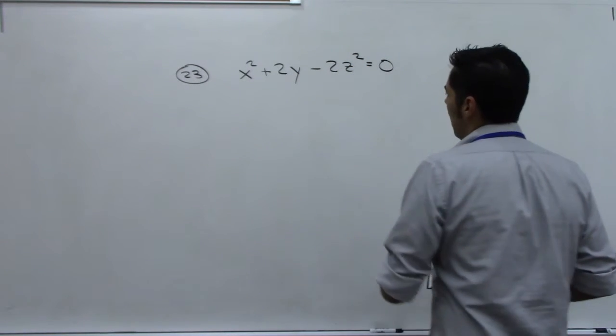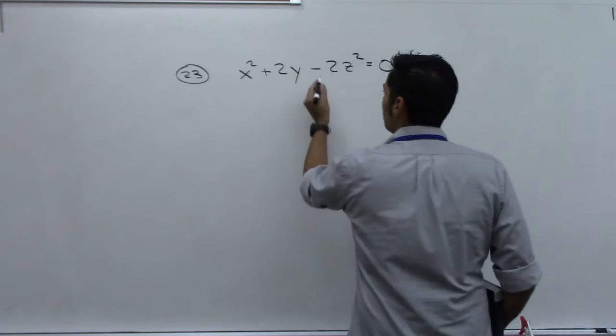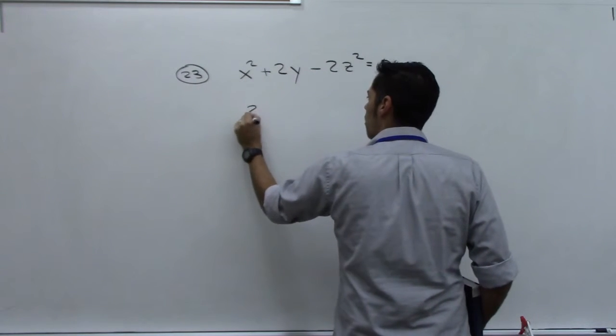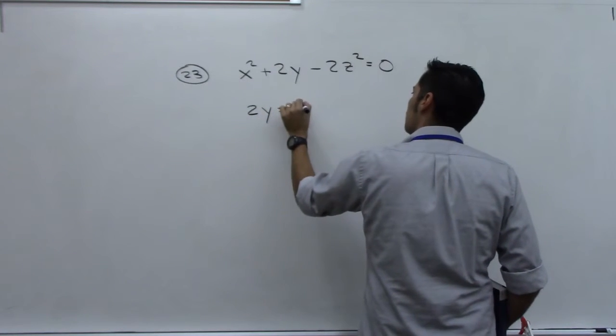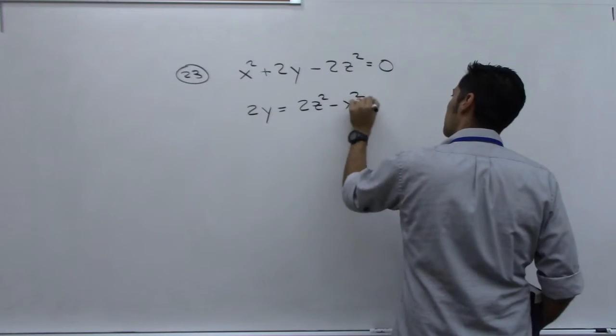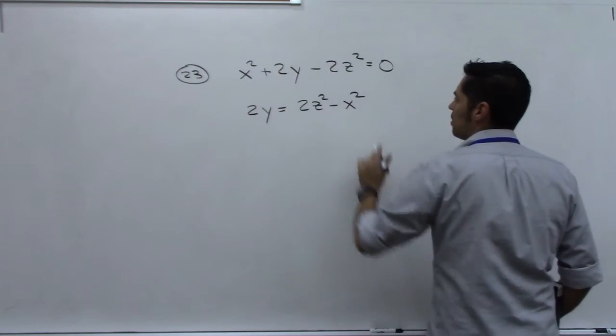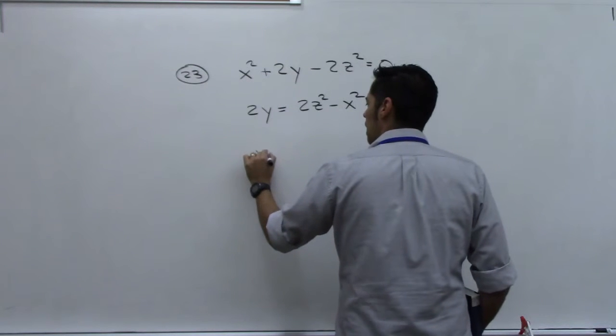This is very much like the last problem, but when I try and isolate the y, let's see, 2z squared minus x squared. So I'm just moving things around here, bringing this one and this one to the other side. Let me divide through by 2.